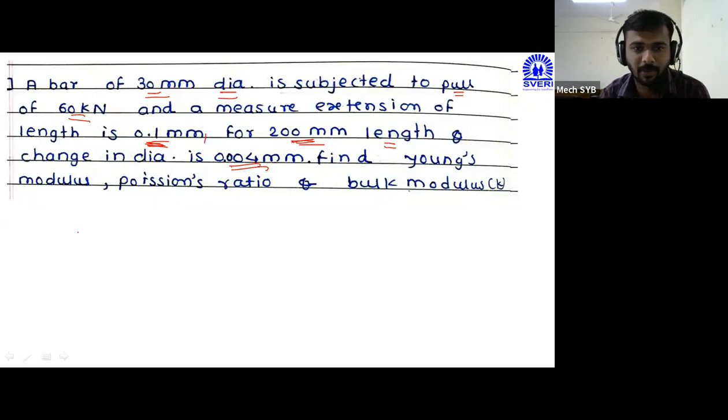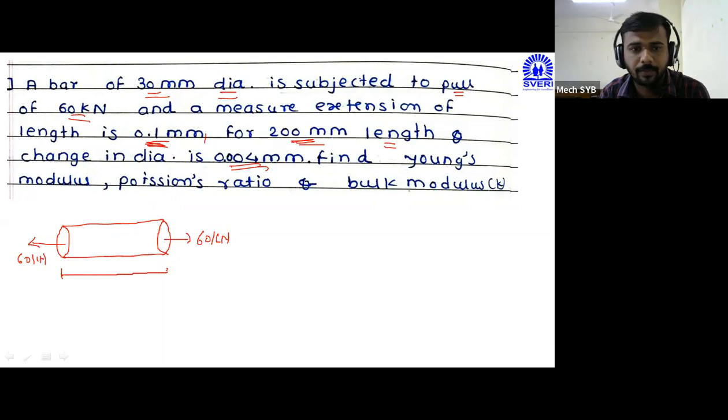So for that purpose, what I will do, I will draw the figure. This is the bar. This is the circular bar subjected to 60 kilonewton force. This is the original length 200 mm.